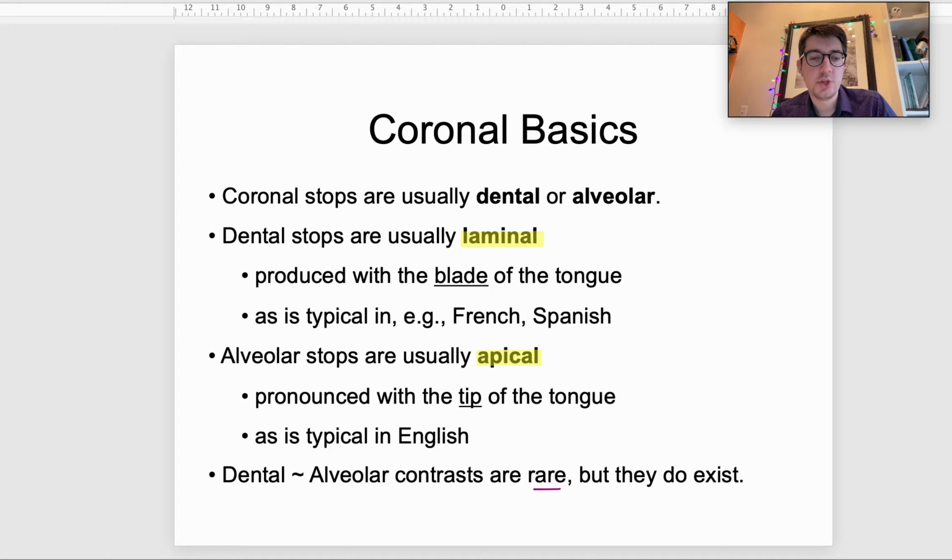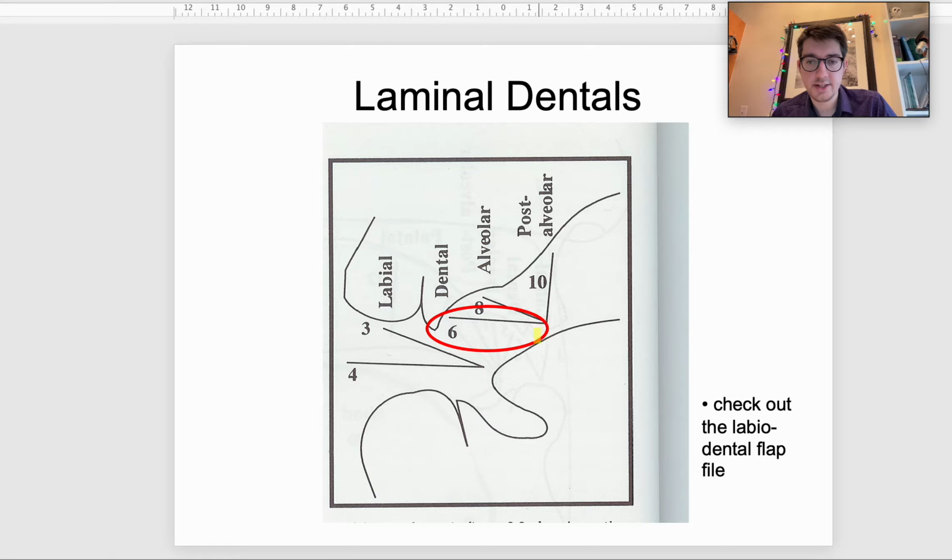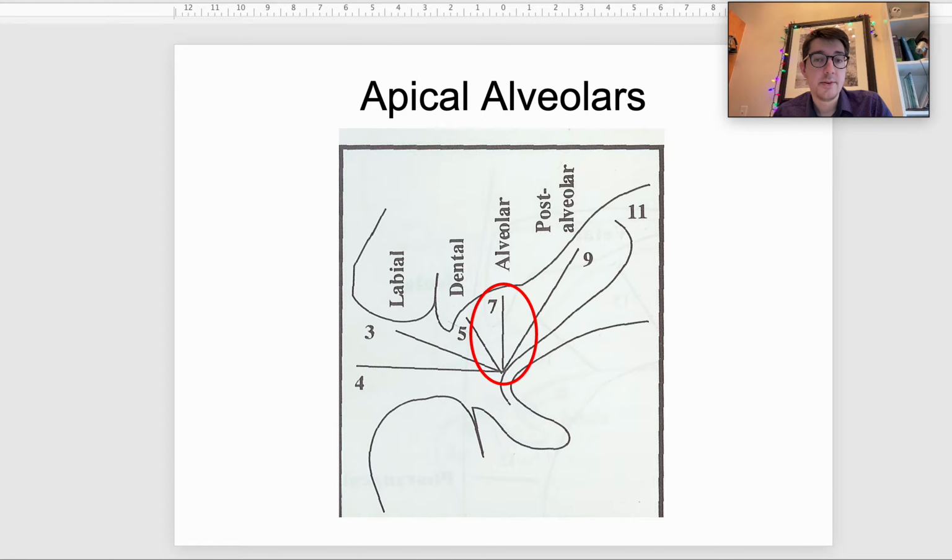Okay, now that we know this, we can take a look at a simple diagram here. Figure, maybe to say figure, it's a mid-sagittal diagram, but turned upside down, sort of. And we can say that, for example, this is the blade, right? The blade of the tongue, this surface, and it's hitting the teeth, so we have a dental sound.